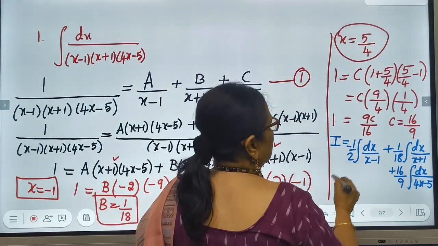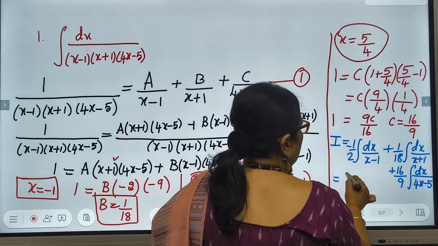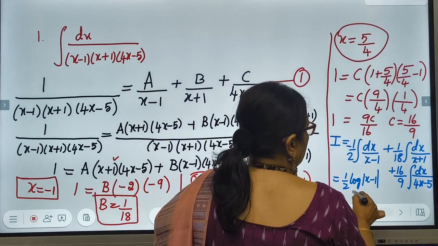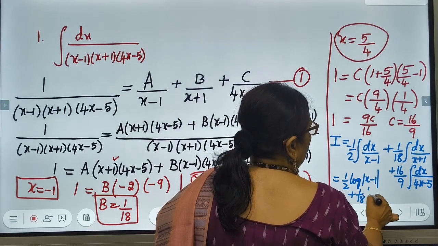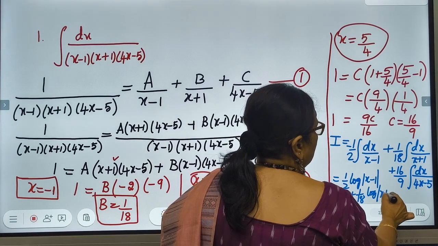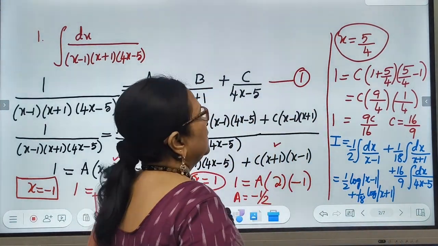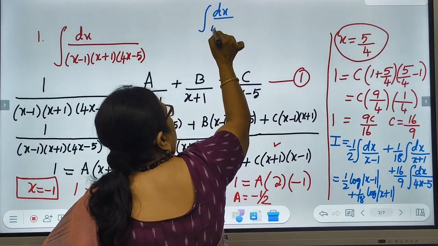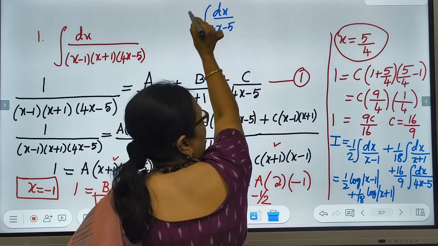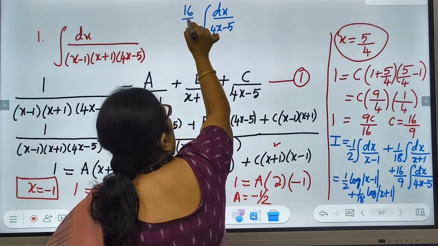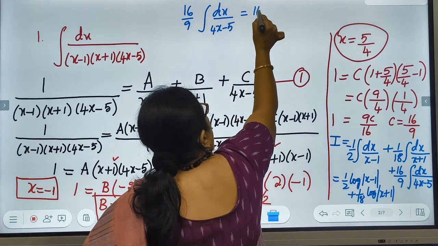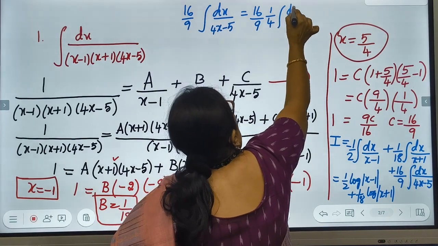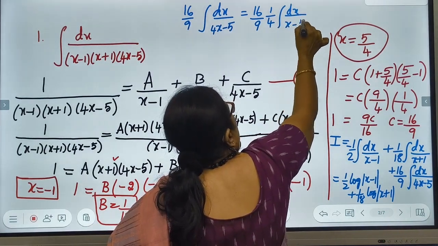Now, what is the first integral? Minus half log mod x minus 1 plus 1 by 18 log mod x plus 1. Here, the integral of dx by 4x minus 5 can be written as 16 by 9 divided by 4 into dx by x minus 5 by 4.